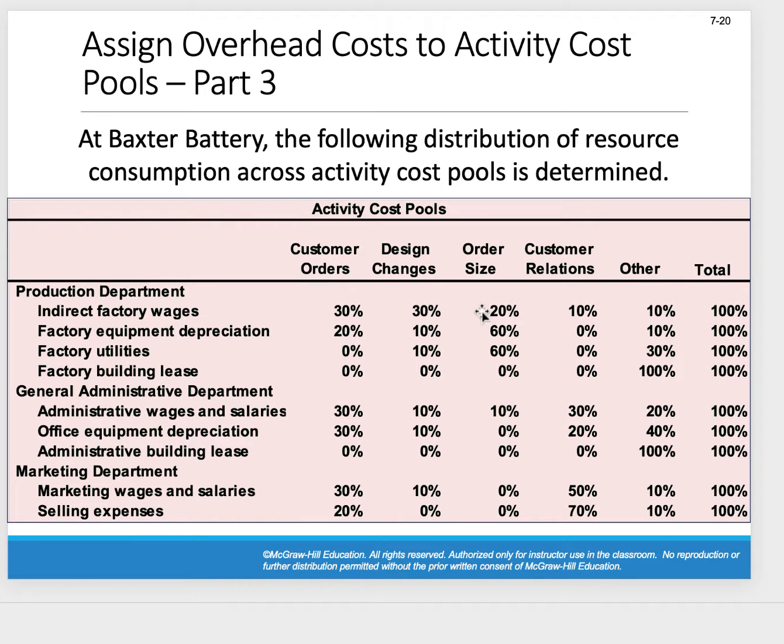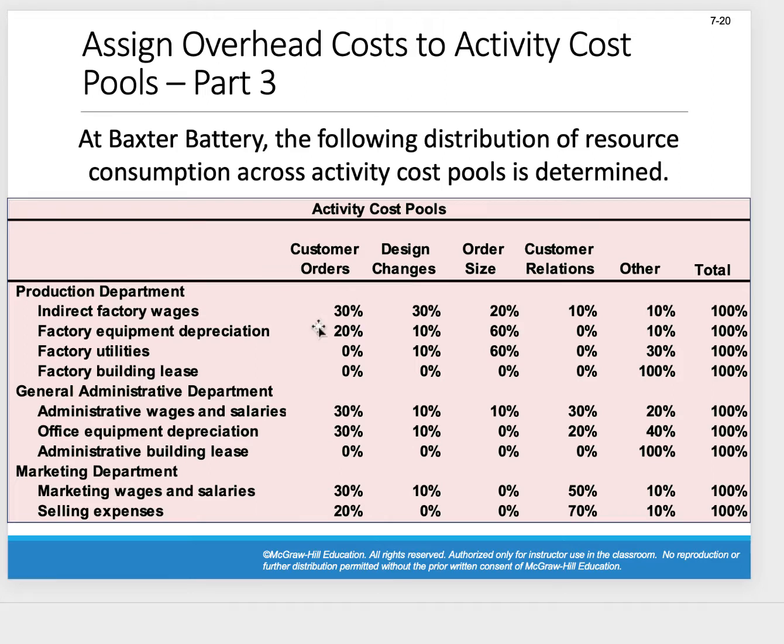Okay, so the next part in assigning overhead costs, right? First we grab all our costs, which we saw on the last slide. Then the real work begins. We take all our activity cost pools, right? Which we said were customer orders, design changes, order size, customer relations, and that other.